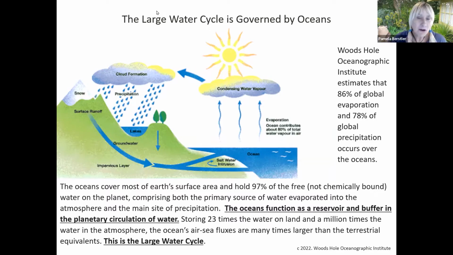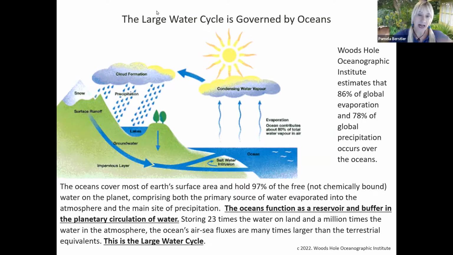Now, the other water cycle that we want to be thinking about is called the large water cycle. The large water cycle is the one you mostly hear about because it's the one governed by the oceans, and it's the one that is reacting most adversely to the rise in temperature.